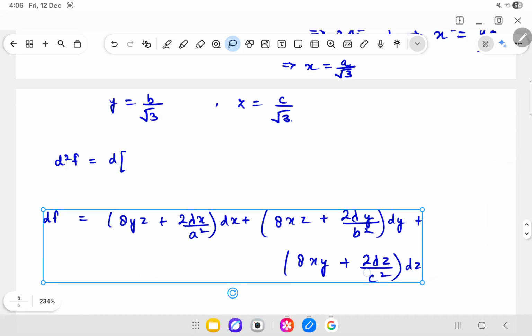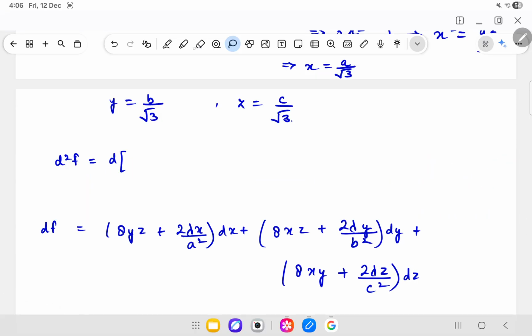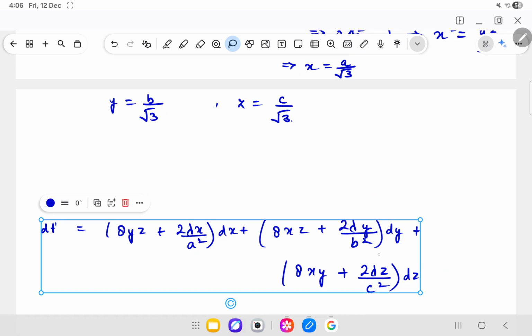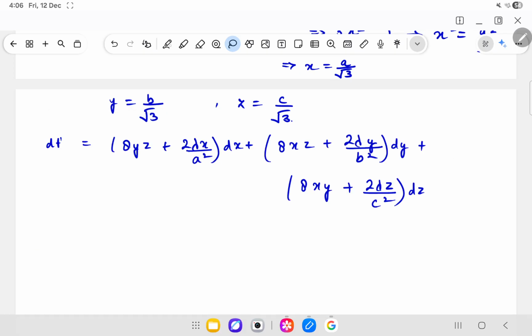So this is my dF. My d square of F will be, again, the differentiation of this whole term.